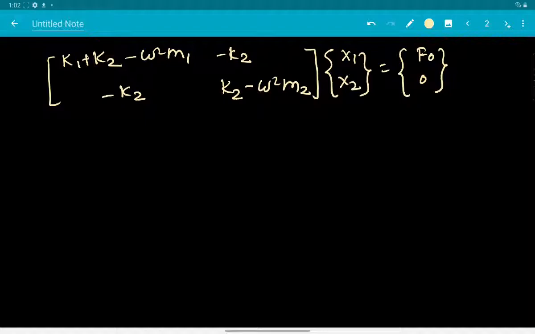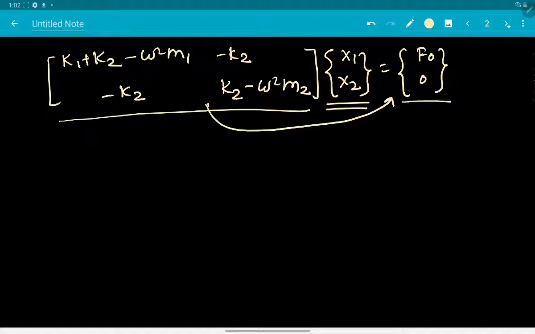So this is the amplitude vector. The amplitude vector pre-multiplied by this matrix comes out to be equal to the force vector. From that, as we have done previously, you have to take the inverse of it and pre-multiply it with the force vector, and then you get the amplitudes.